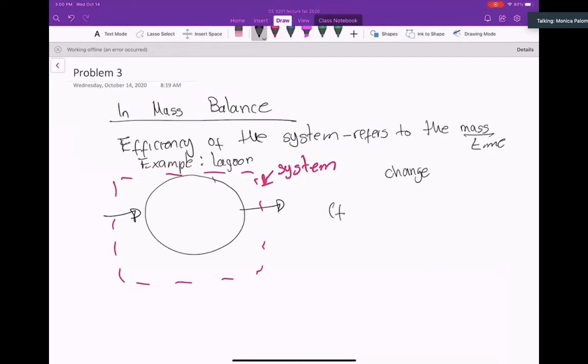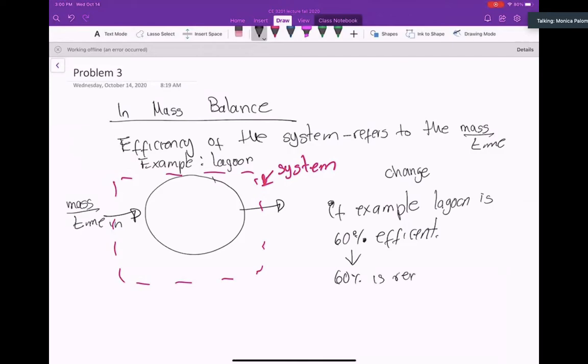If, for example, the lagoon is 60% efficient, that means that the mass per time that is coming in is going to be, think about this, this is environmental engineering. We're treating the waste. 60% is being removed. 60% is removed.